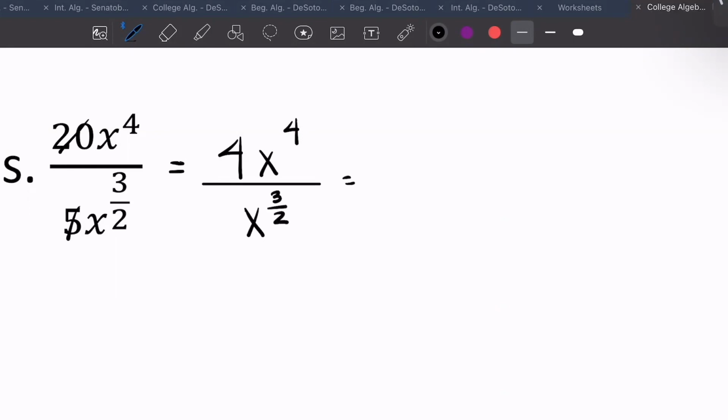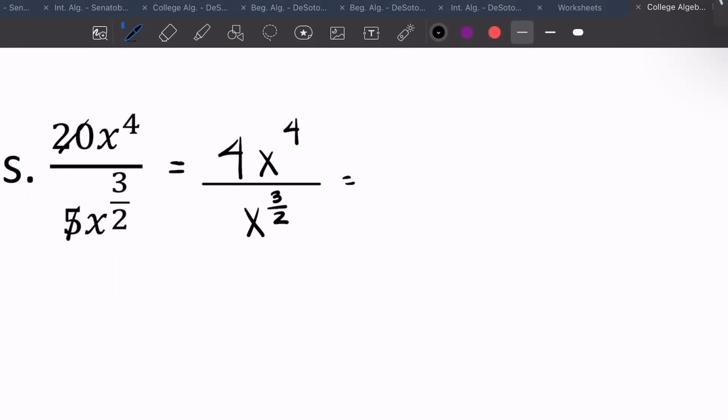We subtract, right? We stated that just a second ago. So we have 4 and 3/2. So we're doing 4 minus 3/2, right? So we need a common denominator again. We don't have it, and we have to have that when we add and subtract fractions.